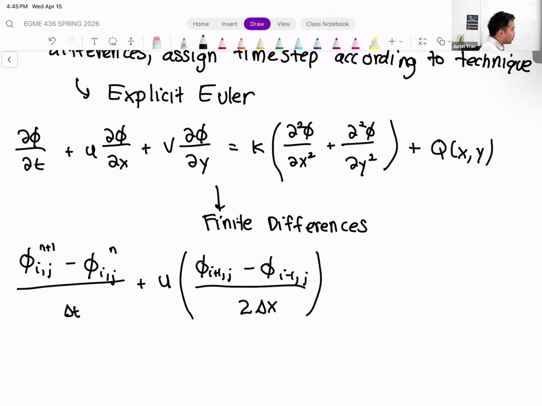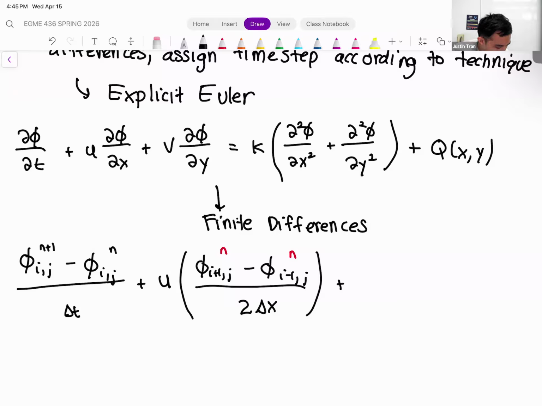Since we're doing explicit Euler, we need to assign a time index for this derivative. We're going to assign a time index of n, so both of these are going to be at time index n. Because remember, with explicit Euler, we only want one n plus 1 term in the entire equation.